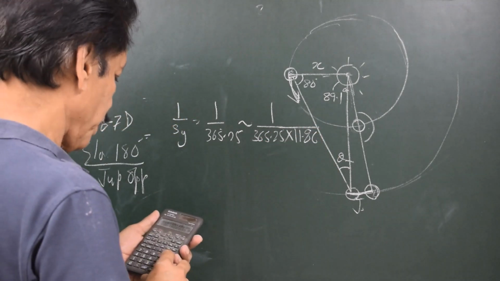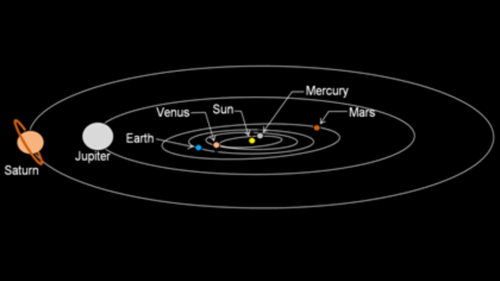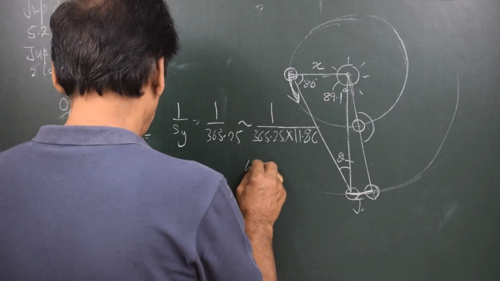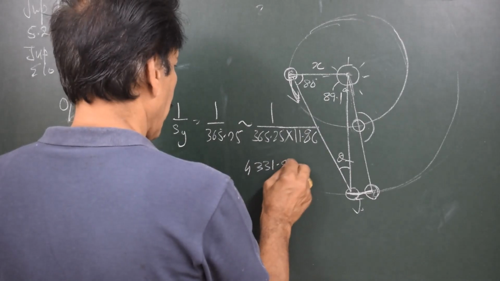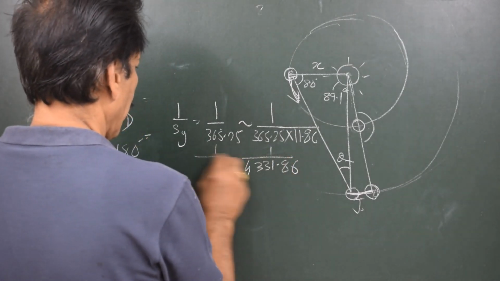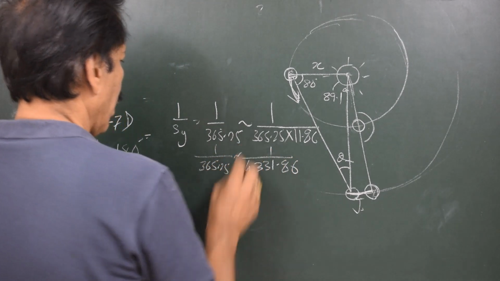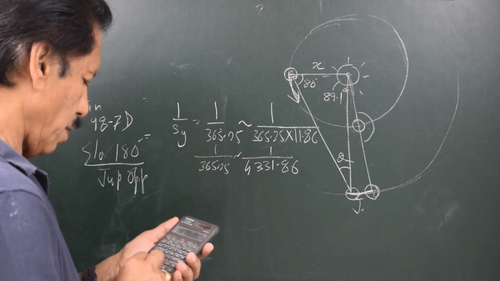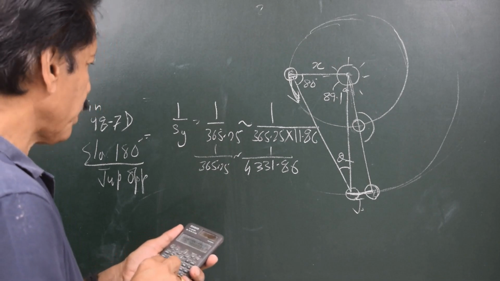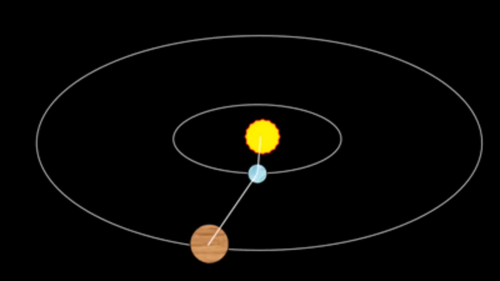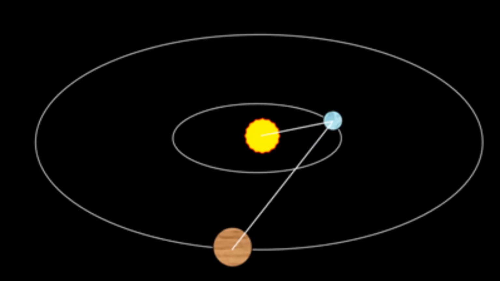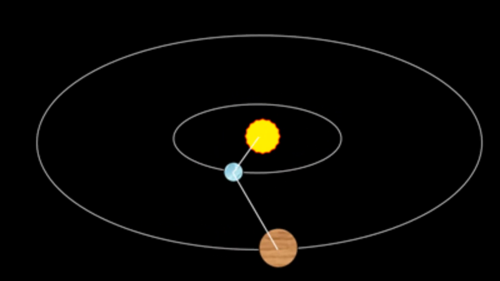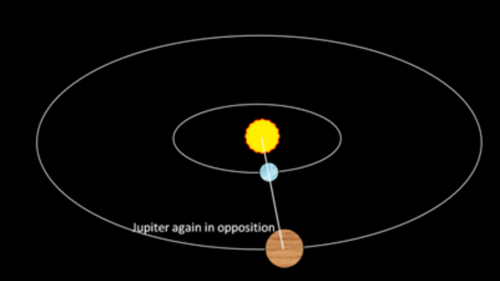So let's find out the synodic period. The result is 398.88 days. So the synodic period is 398.88 days.